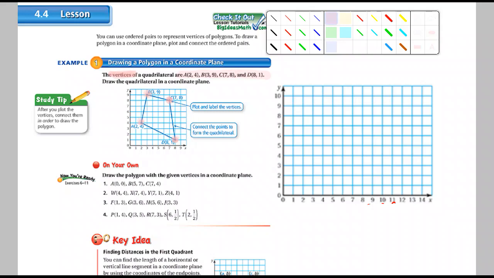Now, the piece of paper I gave you, I think you've got 8 graphs. Yours looks like 6 graphs. I think there's a line that goes sort of down the center and another one going this way. You can just ignore those lines and use those like you normally would a graph. The reason why they're like that is because starting next year, you won't just be using this particular quadrant.